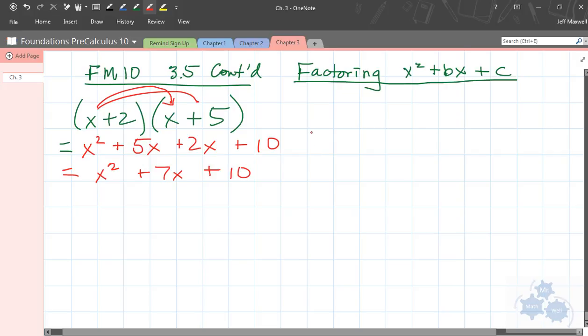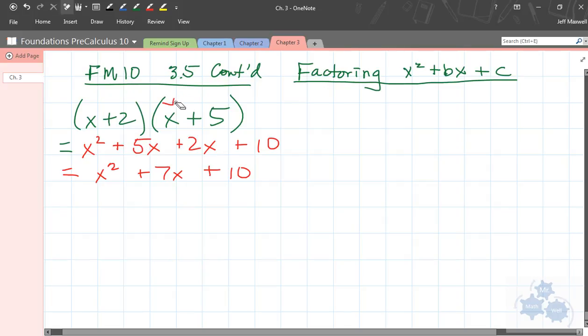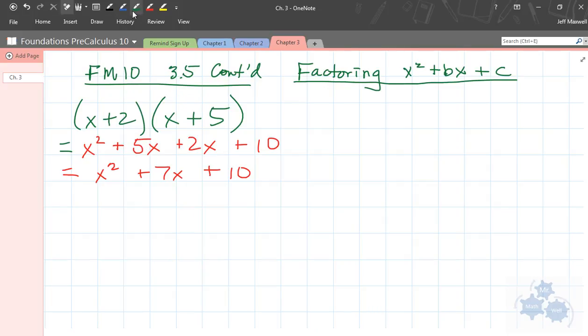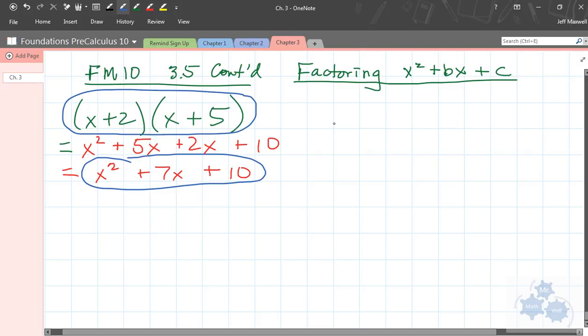Okay? What I want to ask you and what I want to point out is that there are some definite similarities and some definite patterns here between the expansion of these binomials, the multiplication of these binomials, and the trinomial that results. So can anyone look at this trinomial, that's the product, and look at the binomials and the terms inside the binomials?